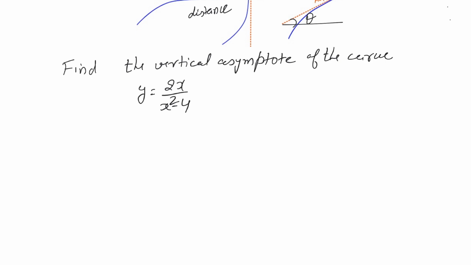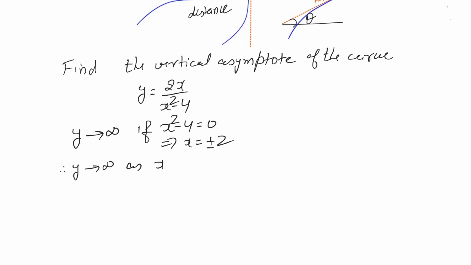So in this case, we see y will become infinity if x square minus 4 is equal to 0. This implies that x will become plus minus 2, therefore y will approach to infinity as x will approach to plus minus 2.